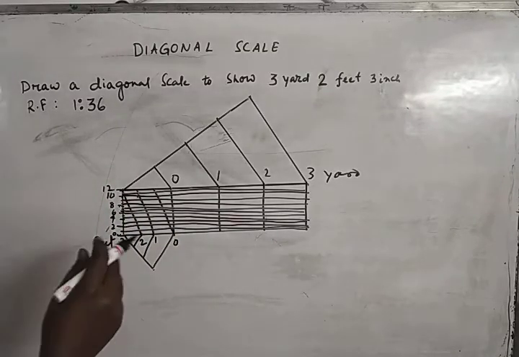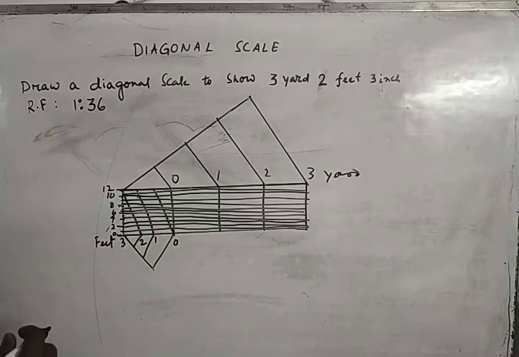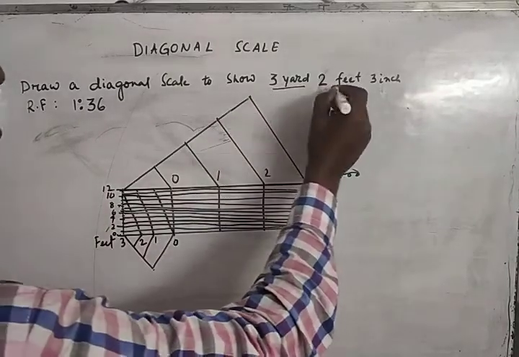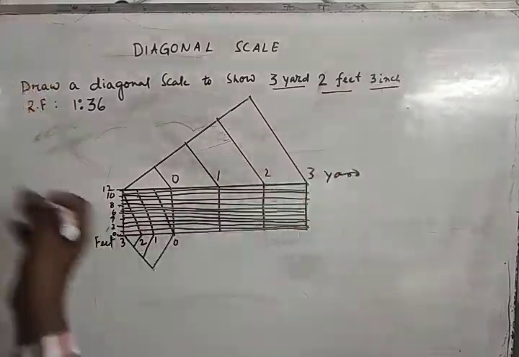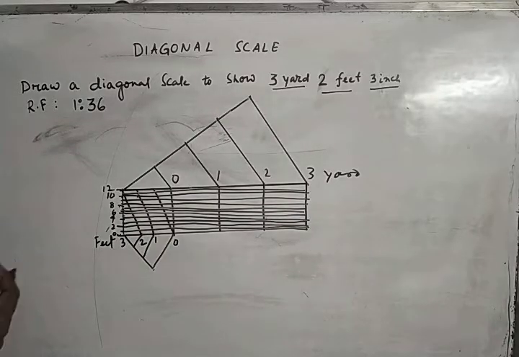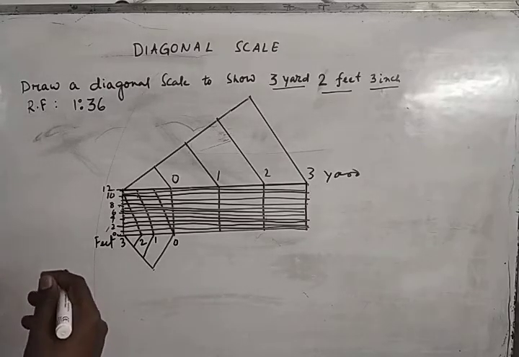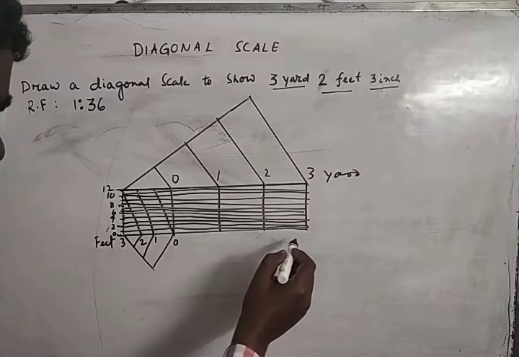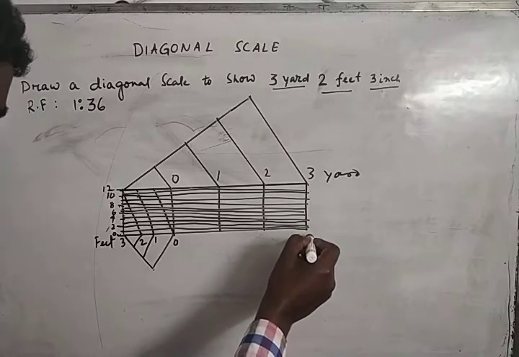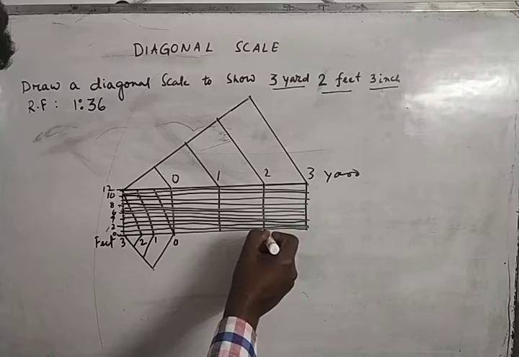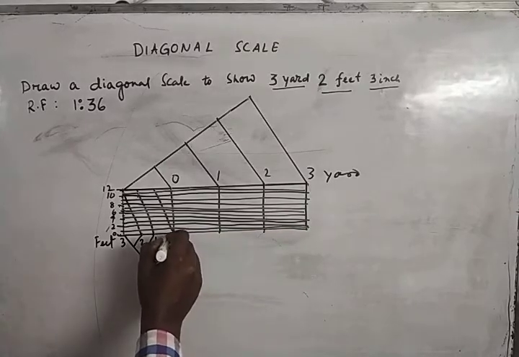Now I have to show 3 yard, 2 feet and 3 inches. So for showing, in the first table of the calculation that was mentioned, the number of divisions. 3 primary divisions are to be shown. So 3 primary divisions starting from the right hand side. 1, 2, 3. Okay?